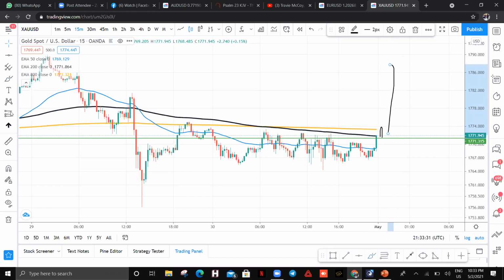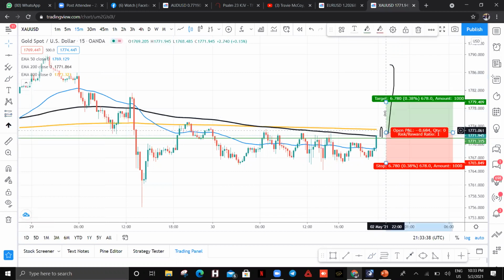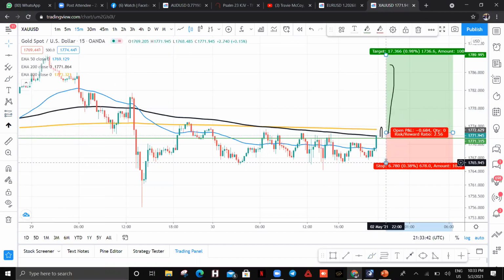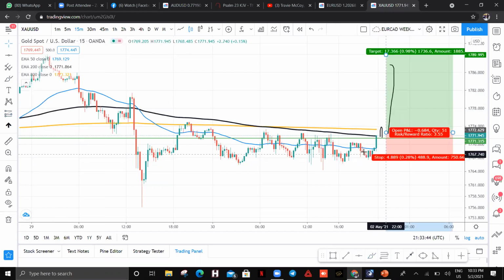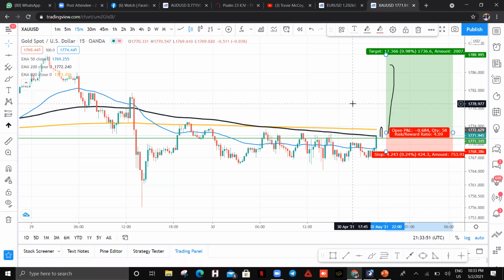So if you want to do this, you take your long position calculator. There's no entry here until price does what? The market opens. But this is what it should look like. This is how price should look like. So if I'm entering from anywhere around this, above my pivot level, this is what I'm waiting for to happen.